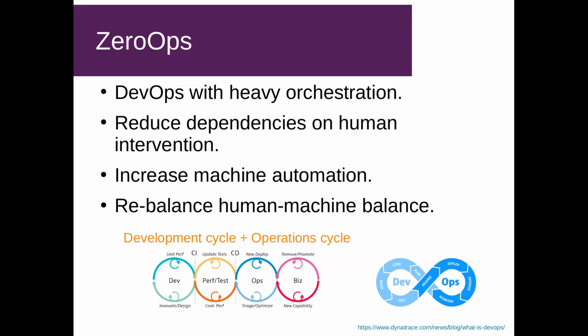So zero ops is basically saying, let's do DevOps, but a large part of that should be automated. And take the human out of the picture, make it automated. Humans still sort of oversee things, but they don't actually do a lot of the detailed work. The heavy lifting is done by automation. Therefore, zero ops, you can say, is DevOps, but with very reduced dependencies on human intervention. So that's sort of the third component of what we'll be looking at.